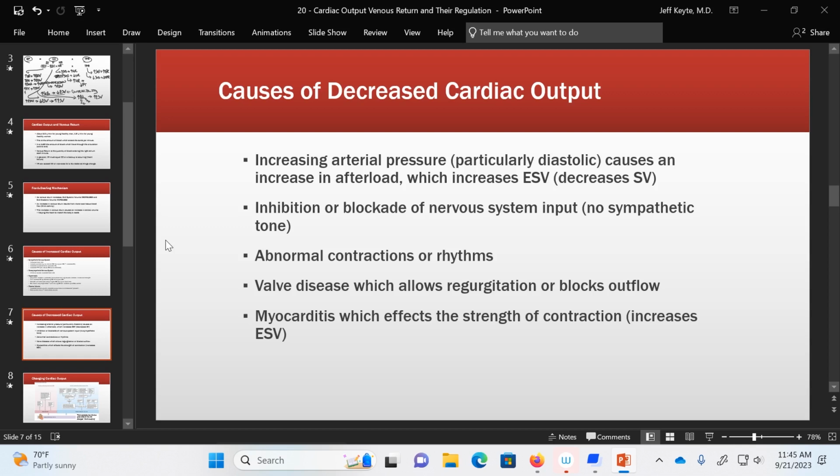So you're defeating yourself. And then myocarditis, that's where the heart muscle itself is sick, either from infection or inflammation or metabolic derangement. And the effect you're going to see again is in ESV. If the heart is sick, it won't contract as well, right? So the ESV is going to be bigger and the stroke volume will be smaller.